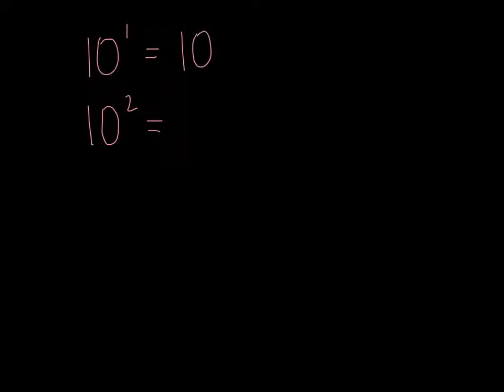So let's look at our second example. This is referred to as 10 to the power of 2, or you may hear it also called 10 squared. So in order to solve 10 to the power of 2, or 10 squared, I start by looking at the base number. The base number is 10. This is the number that I'm going to be writing.